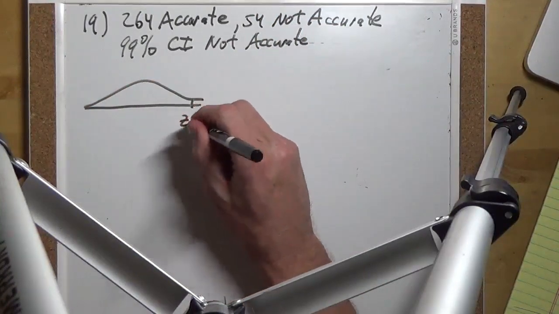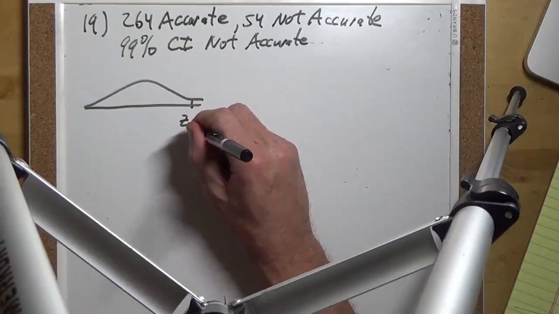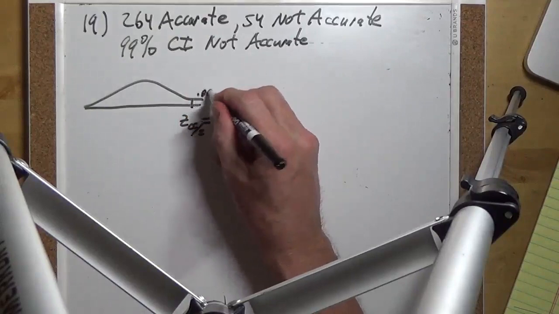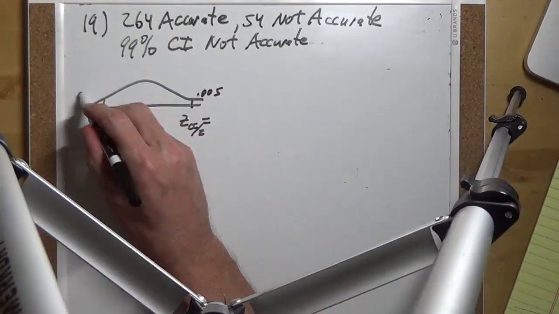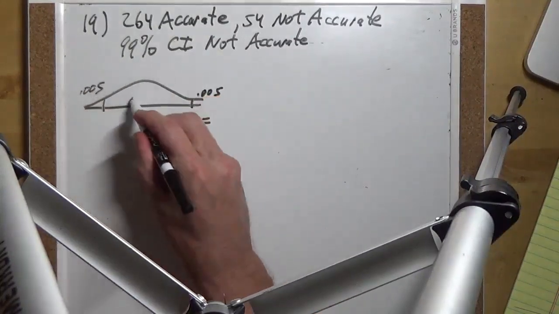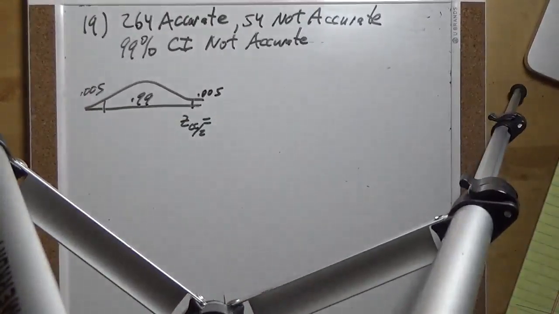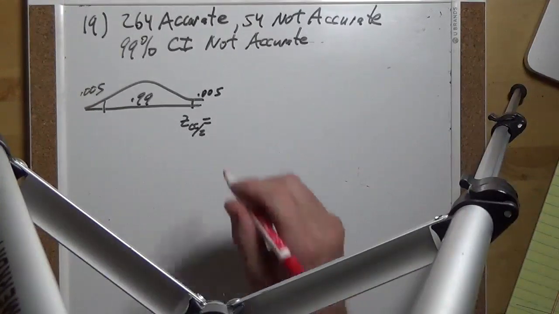So I need a new Z alpha over 2. This tail is 0.005, this tail is 0.005, and in between is 0.99. If we look this up, we have a Z of 2.575.